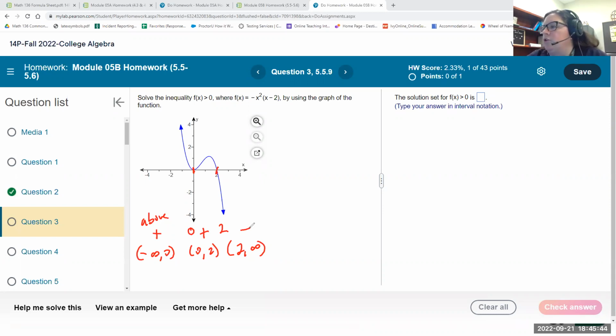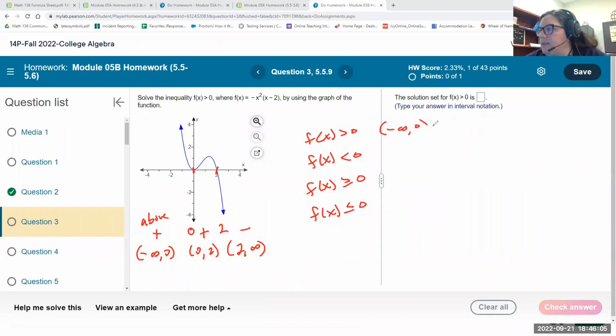So if I'm looking for just greater than 0, I'm going to put all these possibilities. We have greater than, less than, greater than or equal to, less than or equal to. The greater than isn't going to include the endpoints. So for greater than 0, I would need to include the -∞ to 0 and 0 to 2, but leaving out the 0 itself.